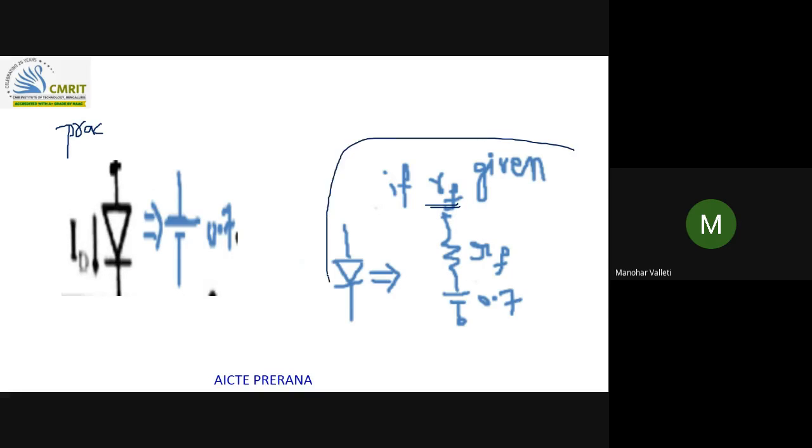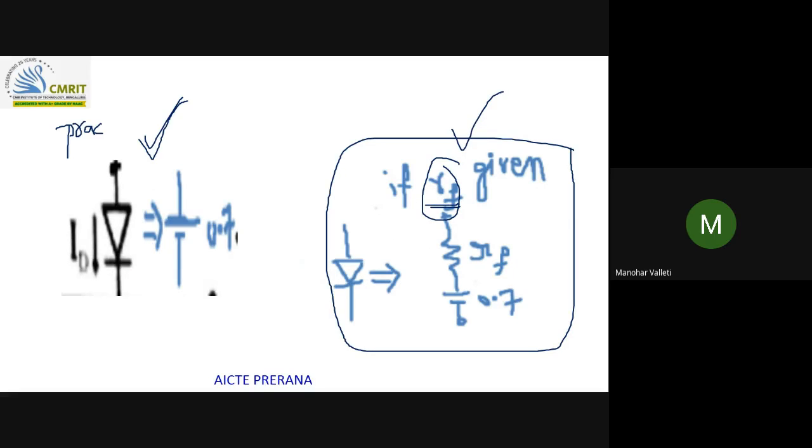You will rarely use this, but you should know it is based on the given problem. We use the earlier concept mostly unless RF is specified. If RF is specified, we will use this equivalent model. Okay.